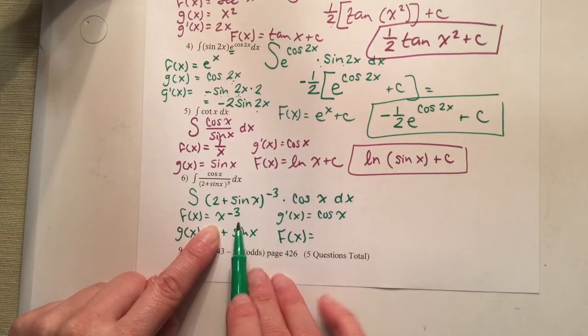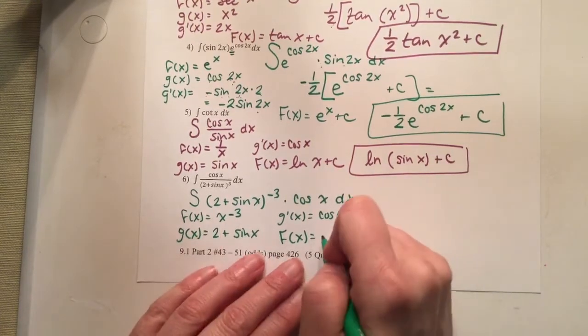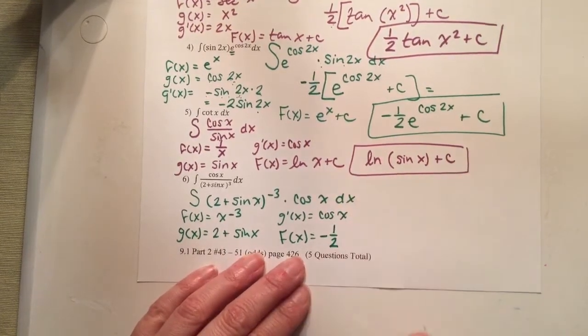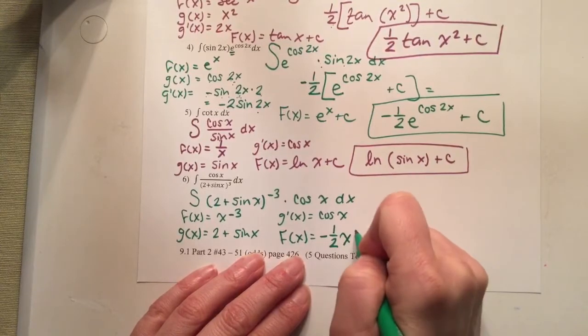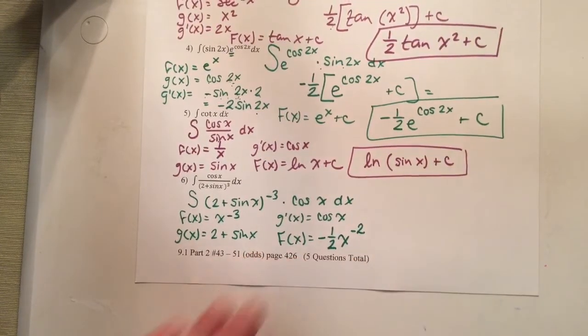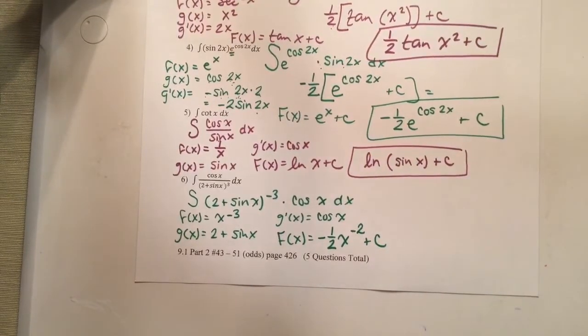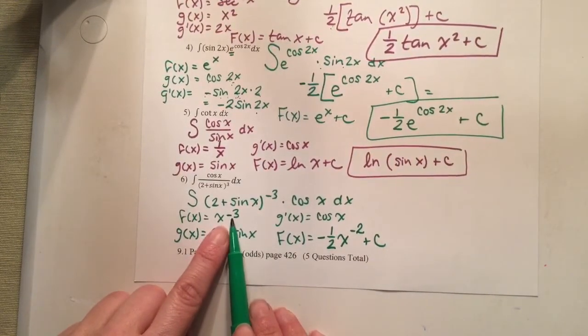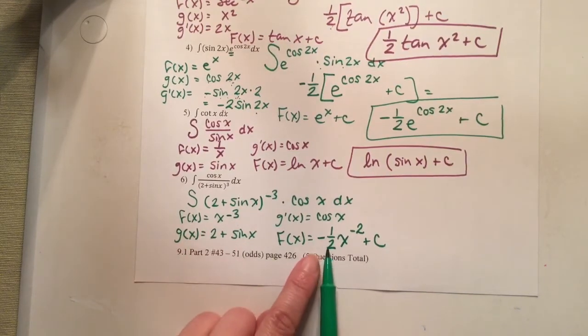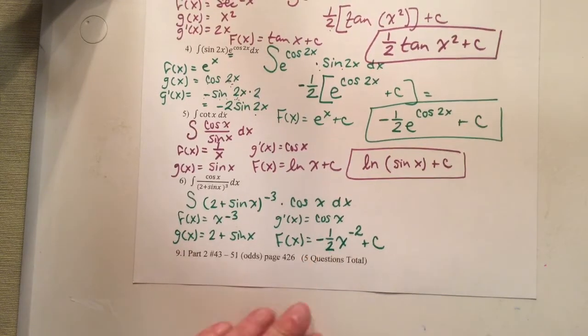If you divide by a -2, that's the same as multiplying by a -1/2. x to the negative power of 2. It is an antiderivative, so it's plus c. So again, I took my -3, I added 1. That's how I got -2. If you divide by -2, that's the same as multiplying by -1/2.